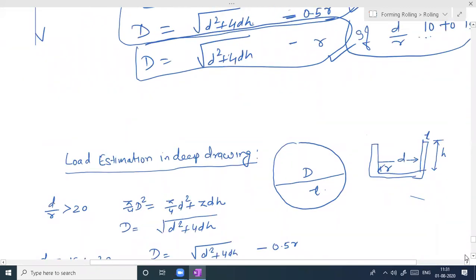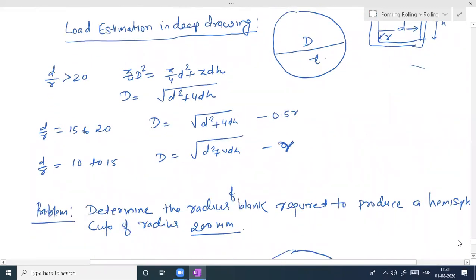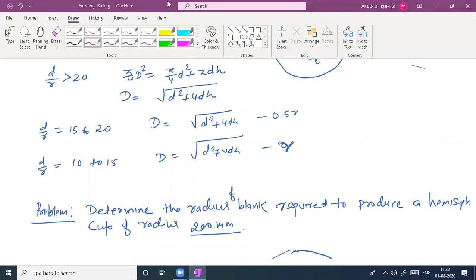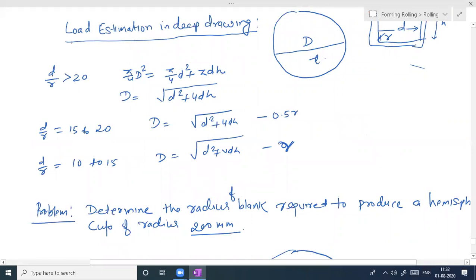So today in class we started from this point, and once again I repeat. Load estimation in a deep drawing, that is our topic.